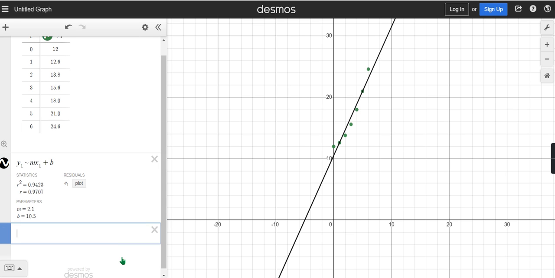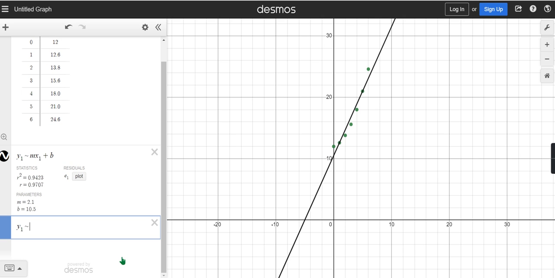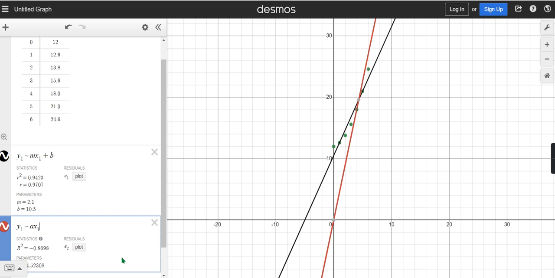In grade 10, we learn about quadratics. And quadratics look like this: y equals ax squared plus bx plus c. I'm going to have Desmos do a regression for me with a quadratic instead of with a line. So it goes like this, a x1 and then squared.